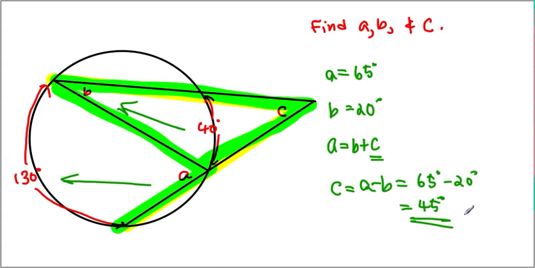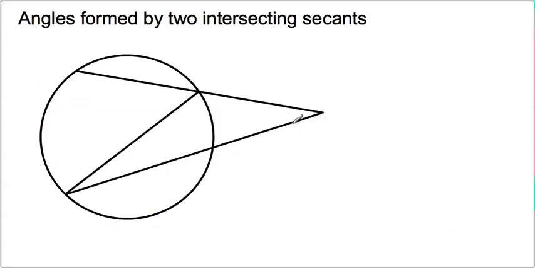And in this case, we are trying to look at the second relationship: angles formed by two intersecting secants. So let's call this one X, because that's the angle formed by two secant lines. What if we were to call this outer portion A and the inner portion B? Then we look at it the same way as before.